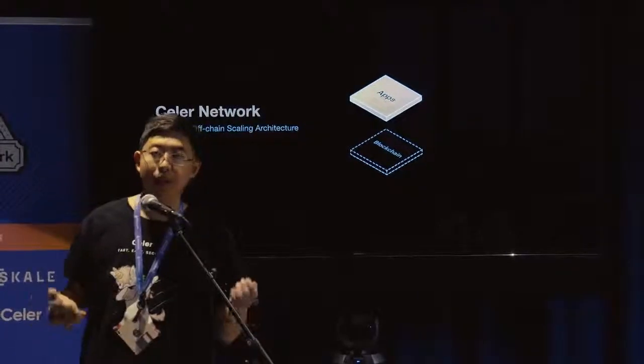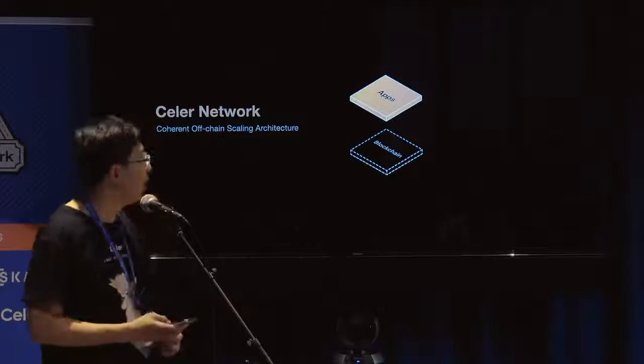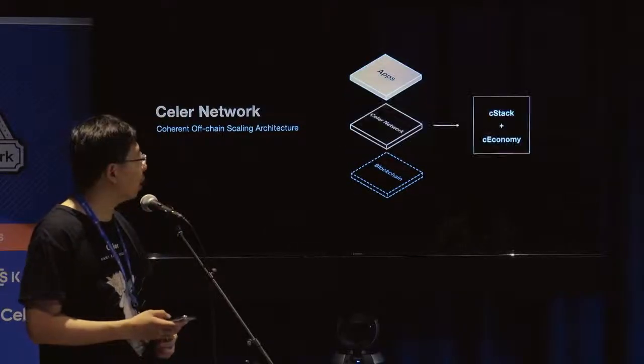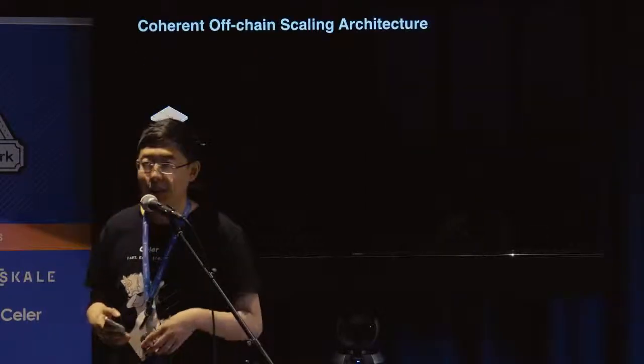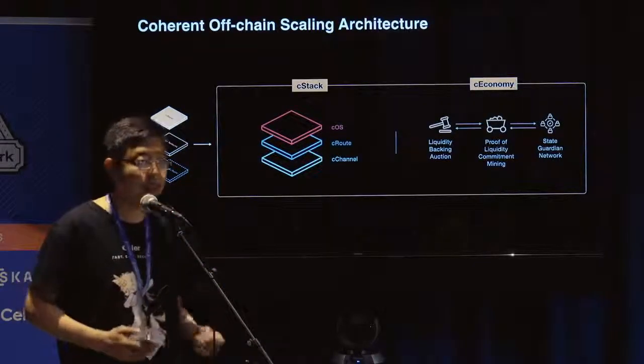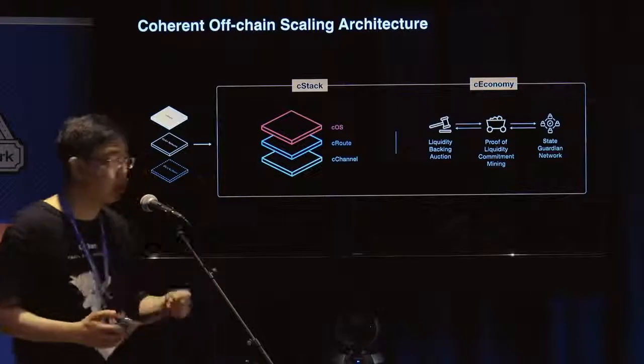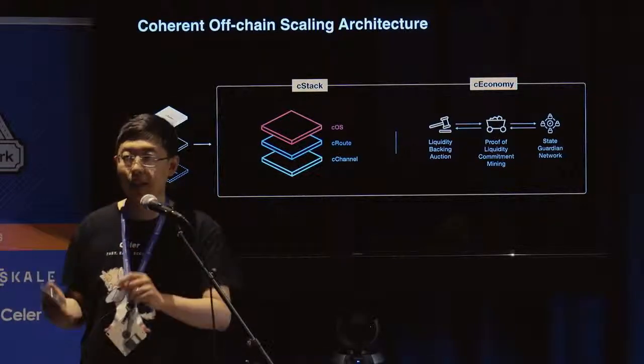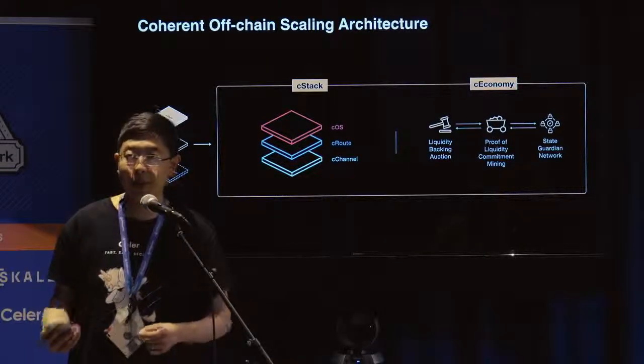Celer is a layer 2 scaling platform operating on top of existing blockchains as an additional layer. Right now, we are mostly focusing on the underlying technology of generalized state channels as a scaling tool. At the same time, we have a sidechain called the State Guardian Network, with plasma semantics of past history attribution. It's not plasma.